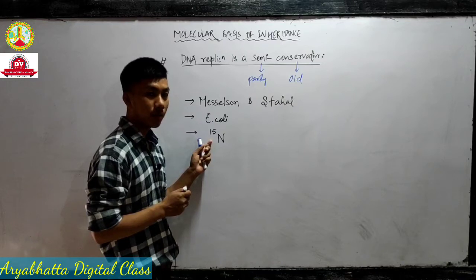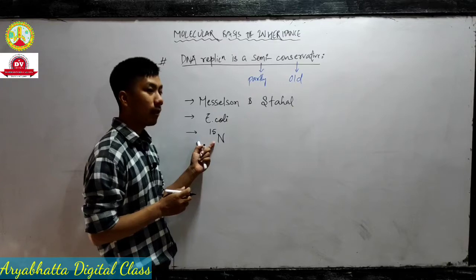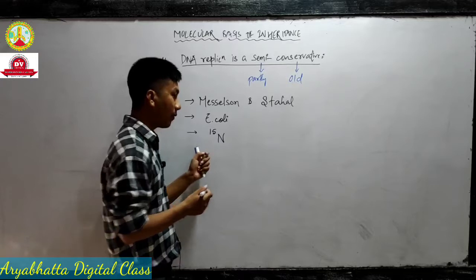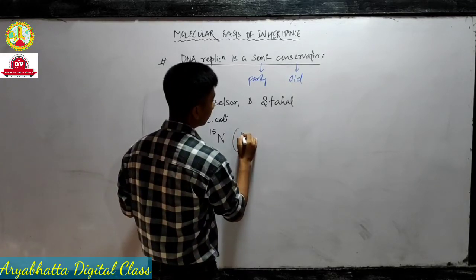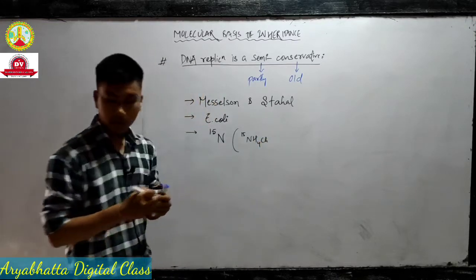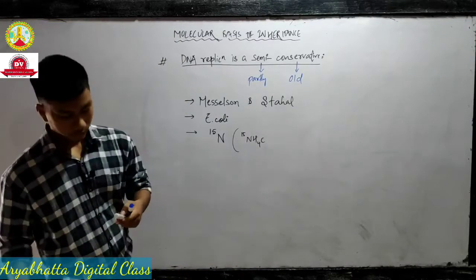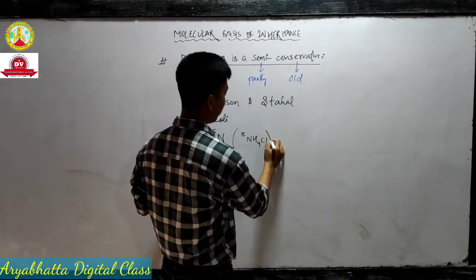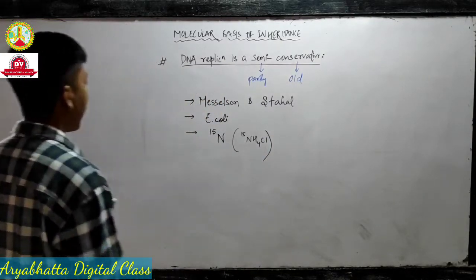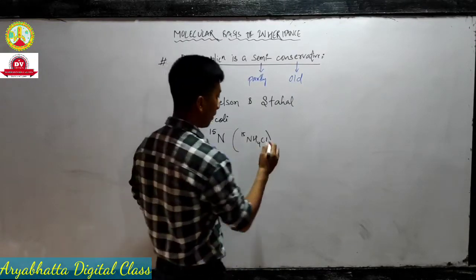This is not a radioactive element. This is heavy element N15 in the form of ammonium chloride, NH4Cl. So they used two things, E. coli and heavy nitrogen in the form of NH4Cl.